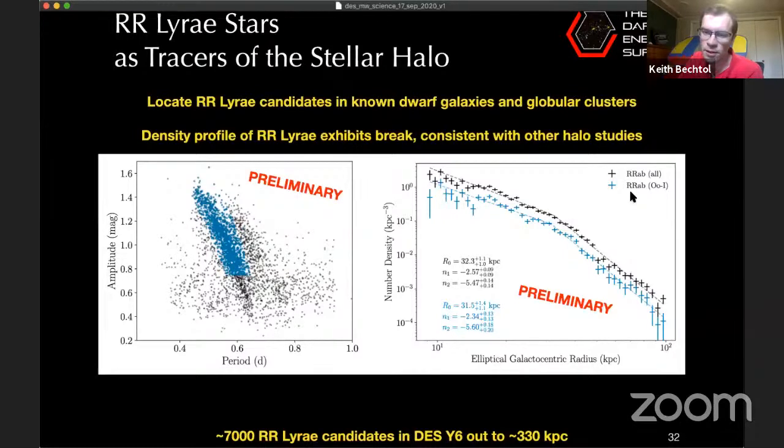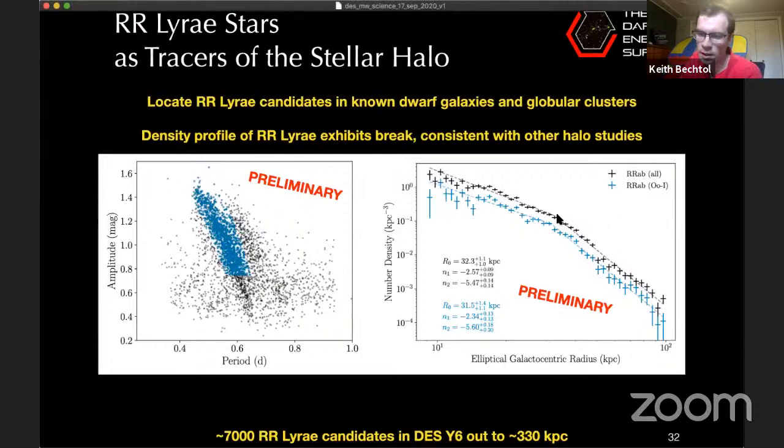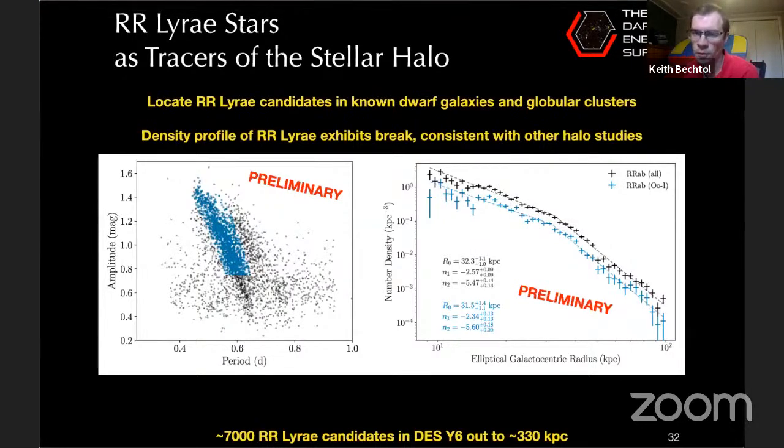You can see that there's a break in the density profile. This is consistent with other halo studies. For the RR Lyrae population, this break appears to be at roughly 30 kiloparsecs, and the density profiles, both in the inner regions of the Milky Way and the outer regions, are roughly consistent with that inferred from other studies.